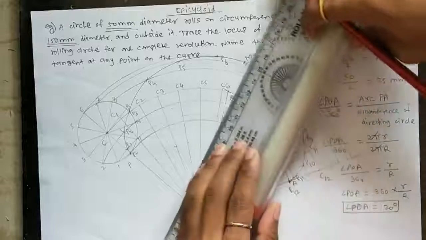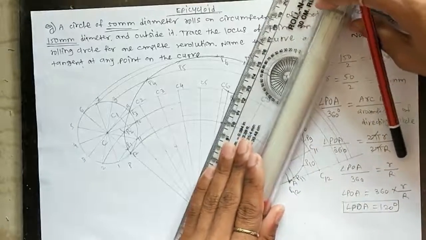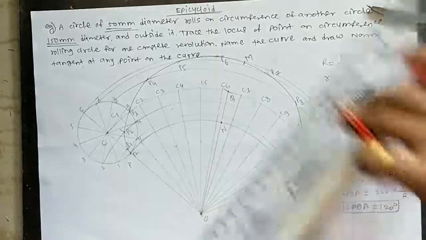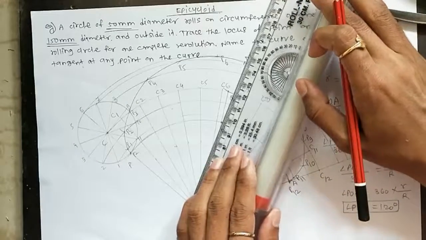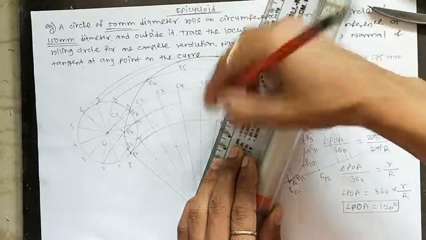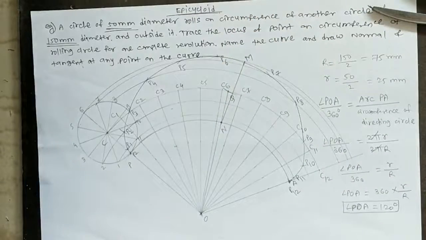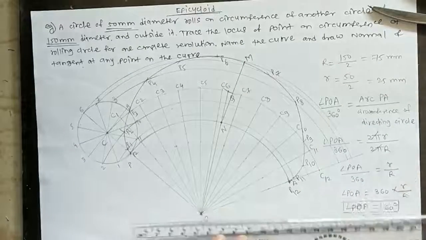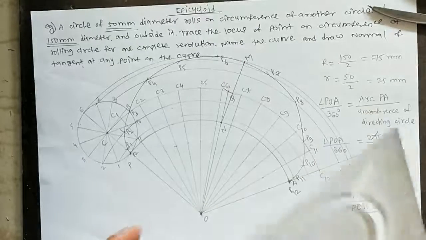So give name to this point as point N. So MN is the required normal to the EP cycloid. So MN is the normal. Now draw perpendicular to MN, which is the tangent.